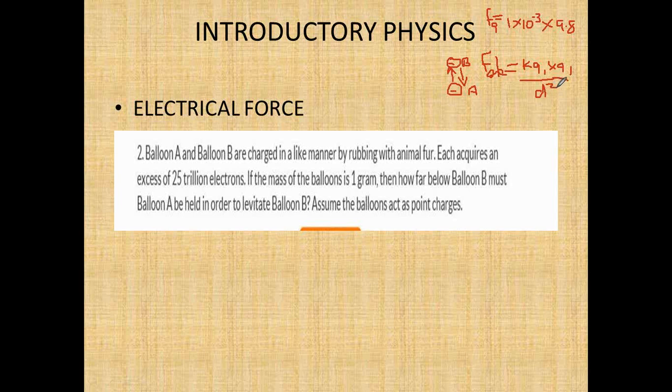Okay? Now, when you look in the equation, they didn't give you a charge. But if you remember from the earlier lecture, each electron has a charge of 1.6 times 10 to the minus 19 coulombs. So we know the charge then, and each balloon has the same charge, right?